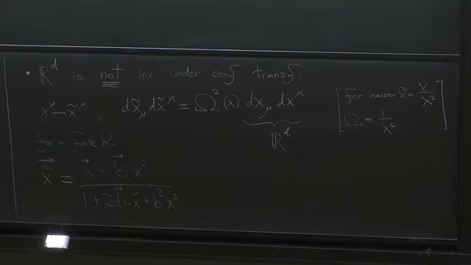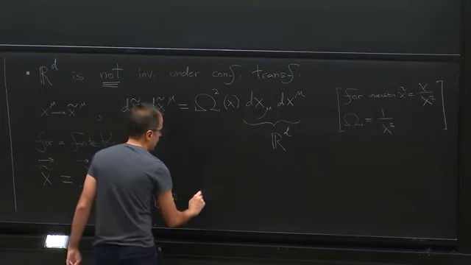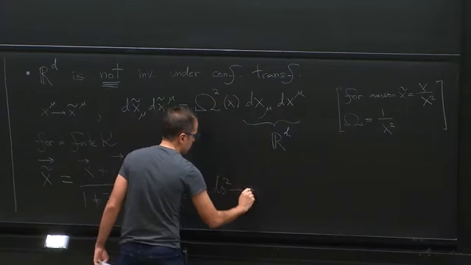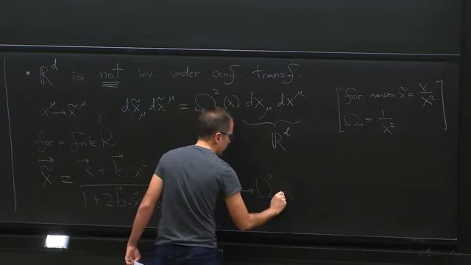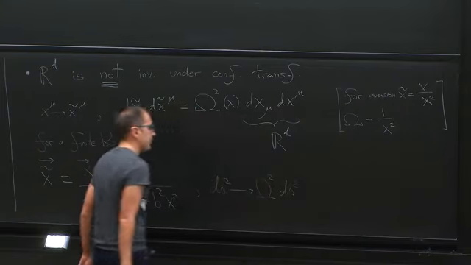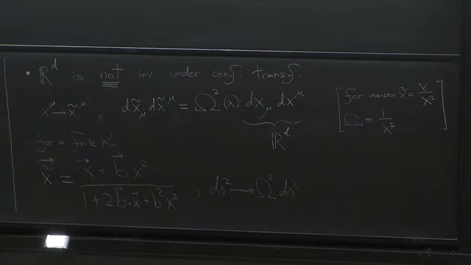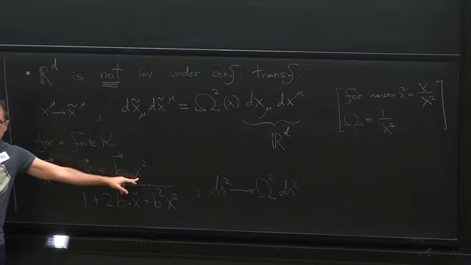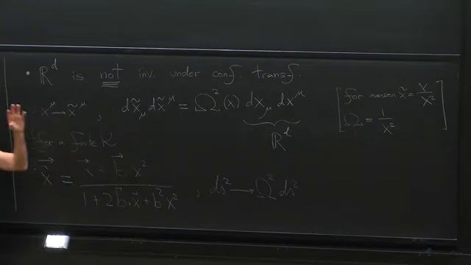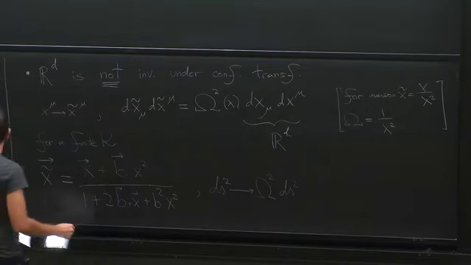This is a conformal transformation. And under this transformation, the metric ds squared goes to omega squared ds squared. The notation here, I hope, is clear. X squared means the norm of the vector squared, right? So that's the first comment for the first bullet point.